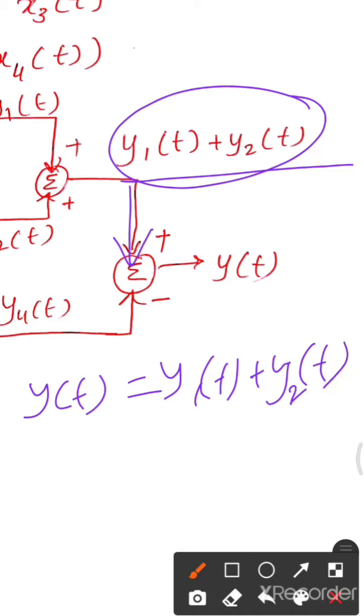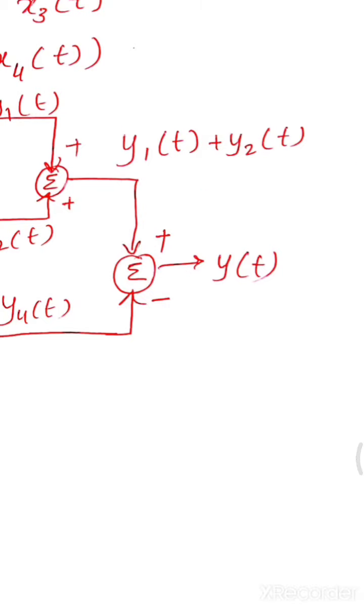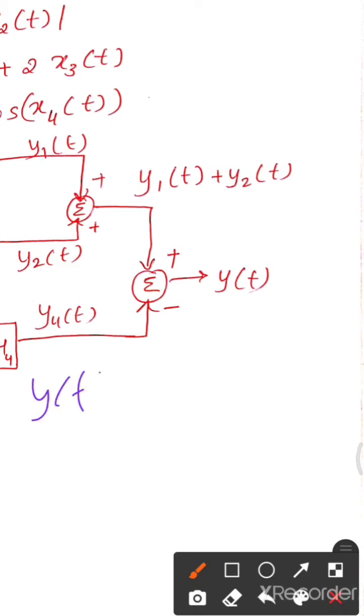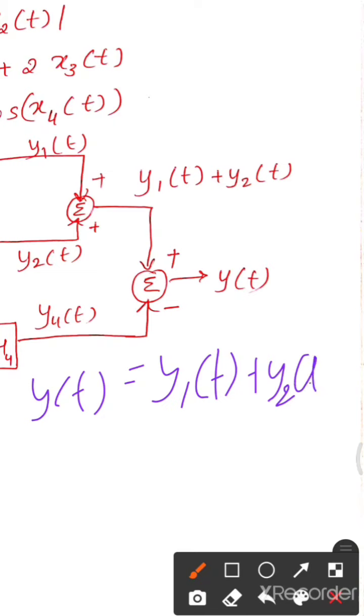Next, a minus sign is there. What is coming here? y4 of t. So y of t will be equal to y1 of t plus y2 of t minus y4 of t.